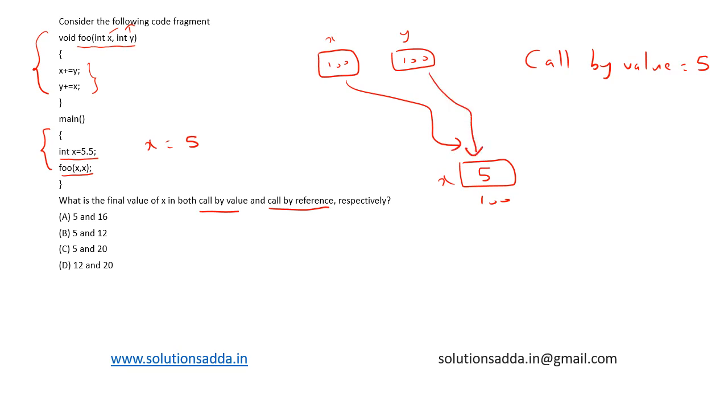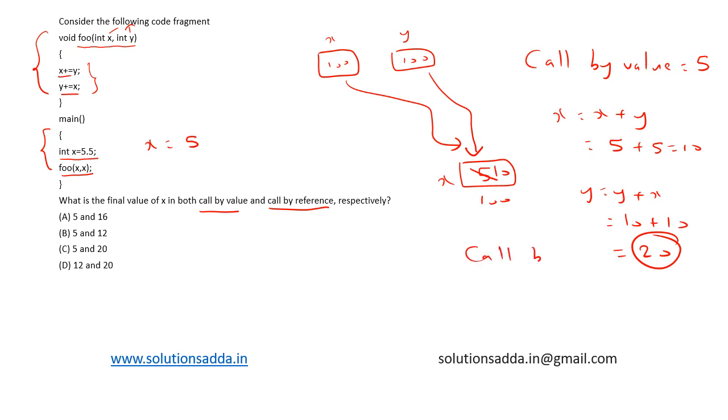Now what happens here is x equal to x plus y, so 5 plus 5, it becomes 10. Now in the second statement, y equal to y plus x, both are referring to this x only. So this will be 10 plus 10, which is equal to 20. So this would return 20 in call by reference.